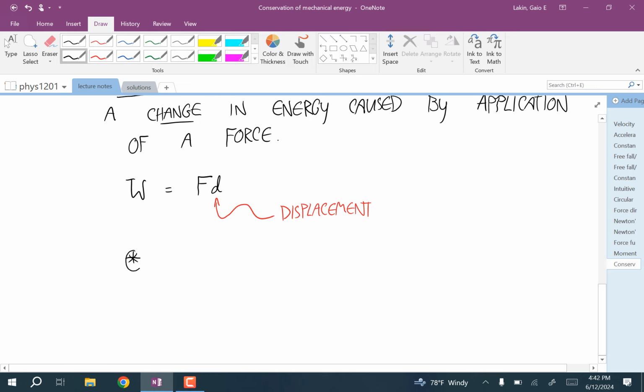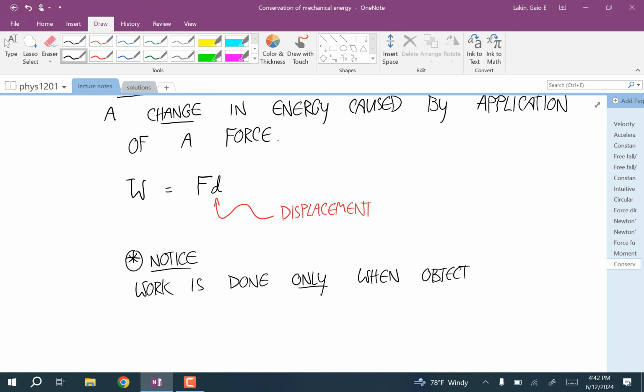So you should notice that work is done only when an object moves. You know, that's a little bit of a funny idea when we're used to thinking about forces, and you can apply big forces to things that don't move, but it's not the same now that we're talking about energy. So work is done only when an object moves.